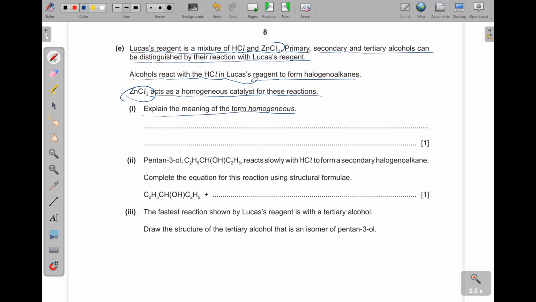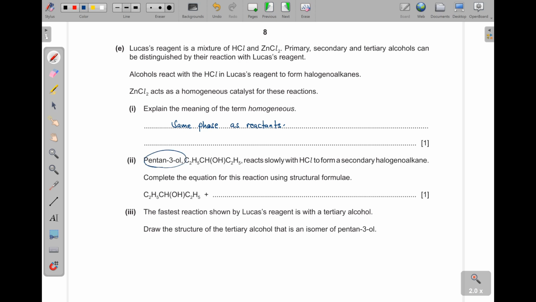Explain the meaning of the term homogeneous catalyst. Of course, this is the one which is in the same phase. Homo means one, one phase, so same phase as reactants, as simple as that.